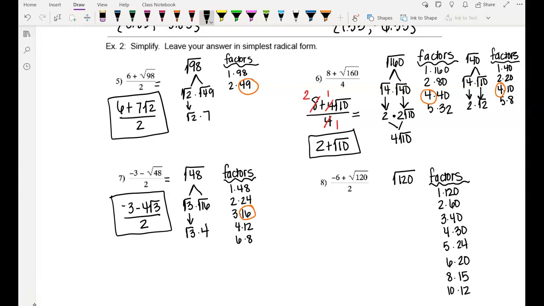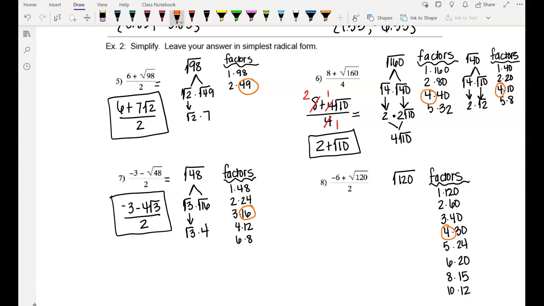So when we look here, we have the 4 times 30. There's our 4. And if you think about 30, what are the numbers that multiply together to make 30? 5 and 6, 3 and 10.